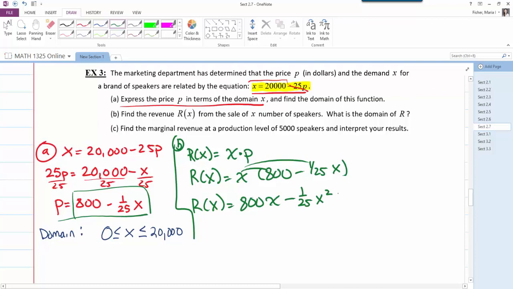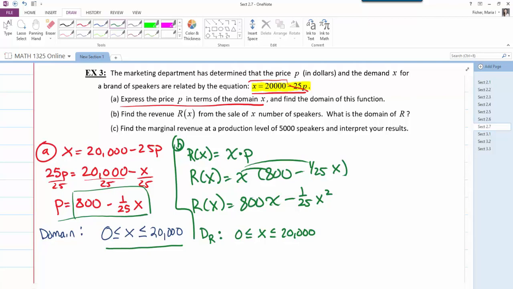So my revenue function is 800X minus 1/25 X squared. The domain of my revenue function is going to be the same as the domain of my price function. It's still going to be that X is between 0 and 20,000. So those two will always be the same.